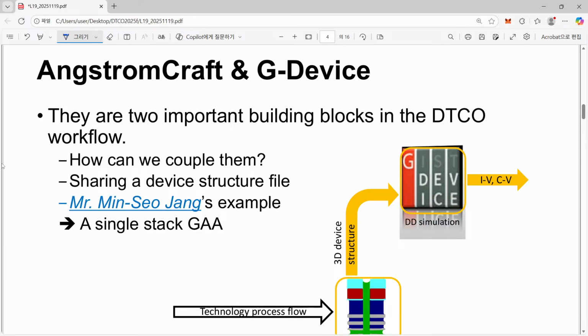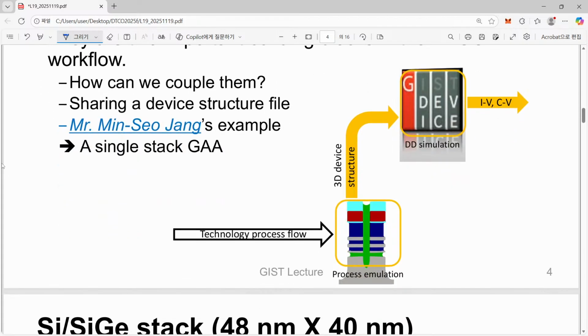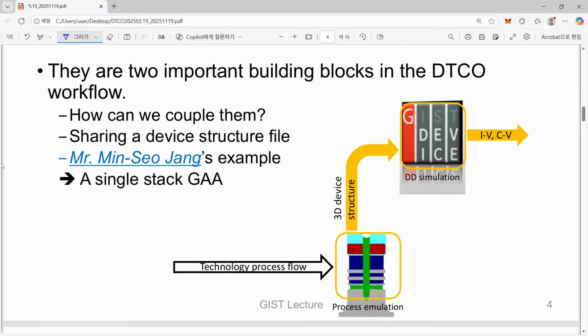I spent quite a long time discussing the overall ticket-centric DTCO, and we have covered up to now these two tools, the process emulator, generating the realistic structure. And today we will talk about how we can use the drift diffusion simulator.